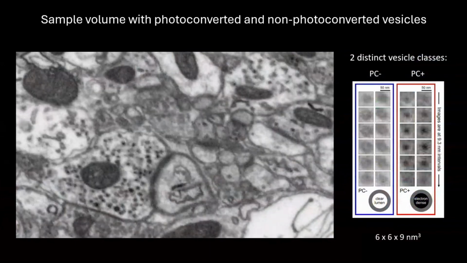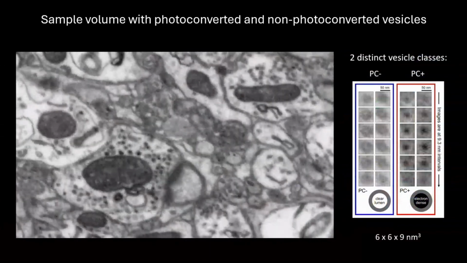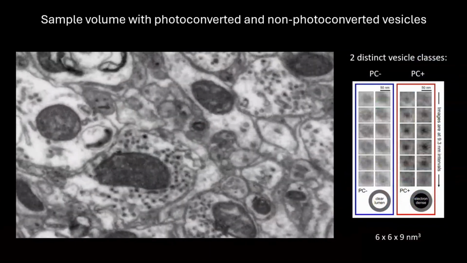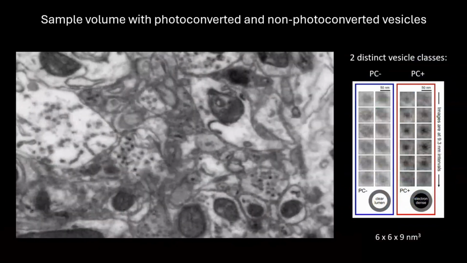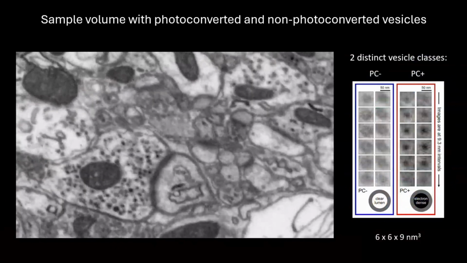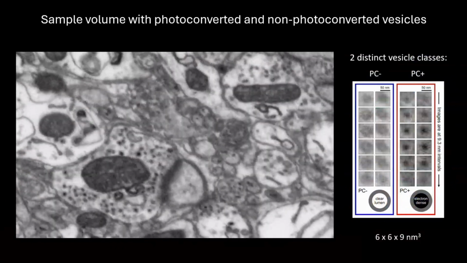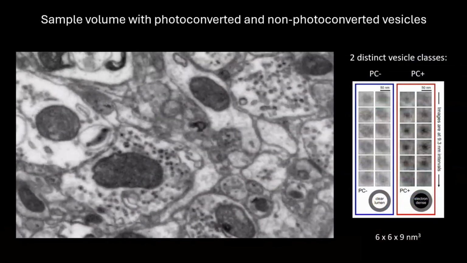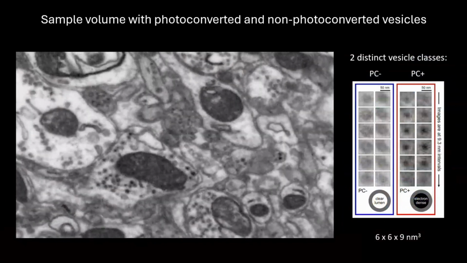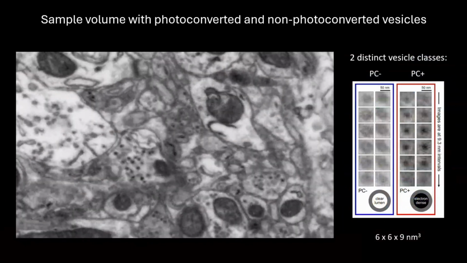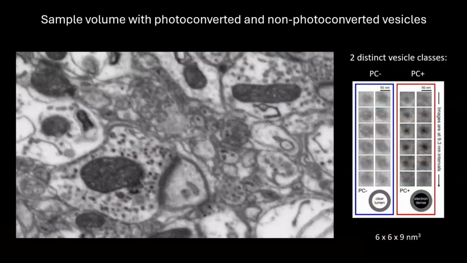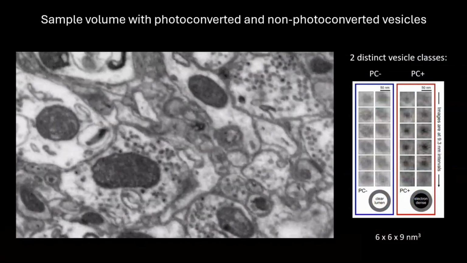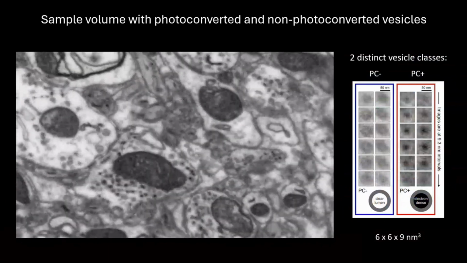This is a small sample volume from our data, and the near isotropic resolution allows us to see single vesicles in several consecutive sections. And by inspecting our data, we find two distinct vesicle classes, non-photoconverted or PC minus vesicles with a clear lumen, and photoconverted or PC plus vesicles with a dark lumen.